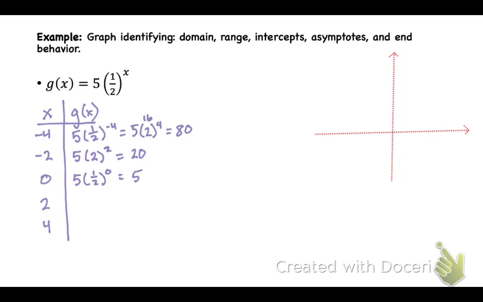No. So now I have 5 times 1/2 squared. So that's 5 what? Fourths? So what's the next one going to be? So it'd be 1/16, right? So it'd be 5/16. Pretty small, isn't it?